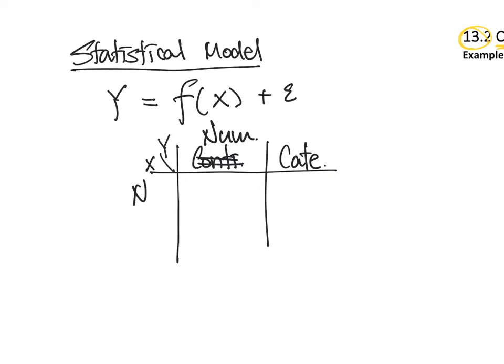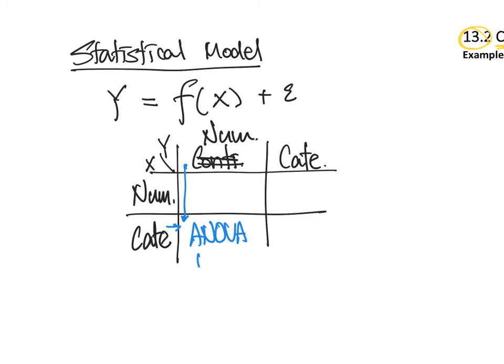And the x, the independent variable, can also be numerical or categorical. We already discussed the numerical y and categorical x, that is the ANOVA, analysis of variance, or the independent two-sample t-test.